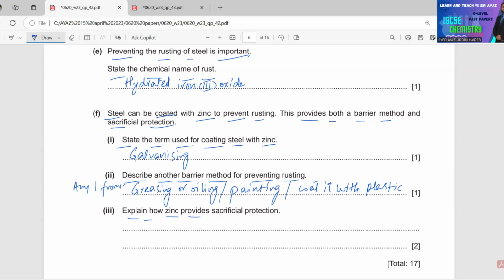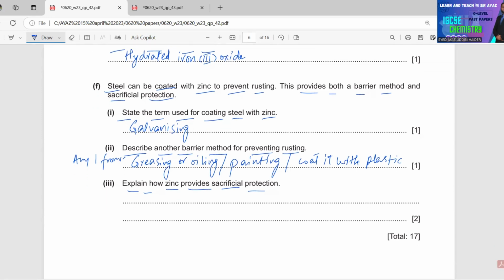Explain how zinc provides sacrificial protection. It reacts in preference to iron. So you write zinc, with the concept behind it, that zinc is more reactive than iron. So you write zinc more reactive than iron.